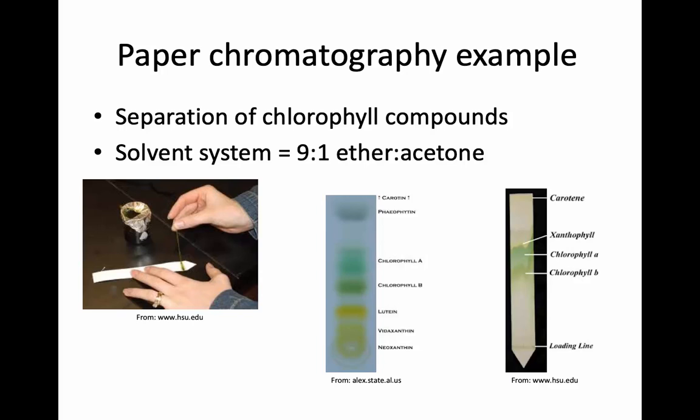Just to give you an example, this is a paper chromatography assay where we use a solvent system which is a 9:1 ratio between ether and acetone, and it's used to separate compounds that make up chlorophyll, right?